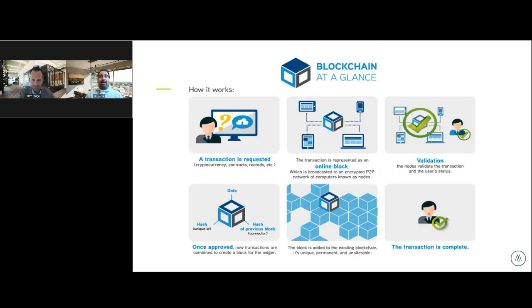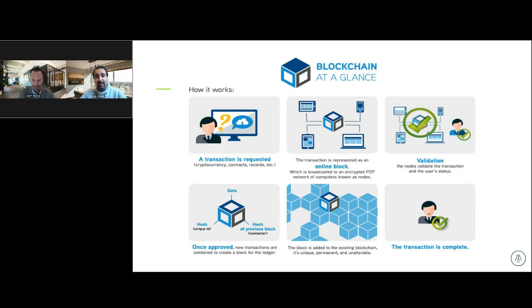talk about the blockchain. Now, I'm not going to go into detail about the technology behind it, but what we need to know here is that cryptocurrency, in order to transact in it, relies on the blockchain. The blockchain is a method of recording information. A blockchain is a distributed ledger.